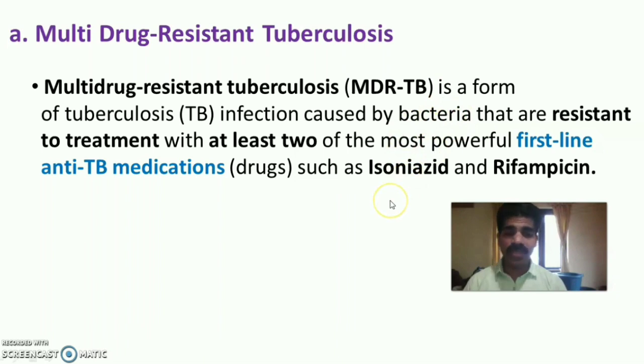So this bacteria is resistant to isoniazid and rifampicin. Such TB is called multi-drug resistant TB or MDR-TB.